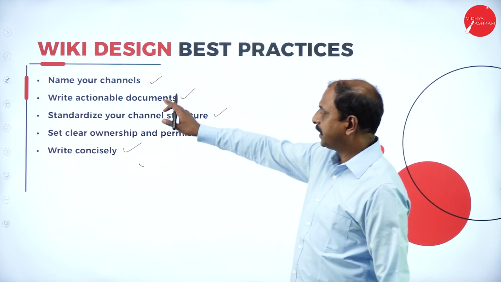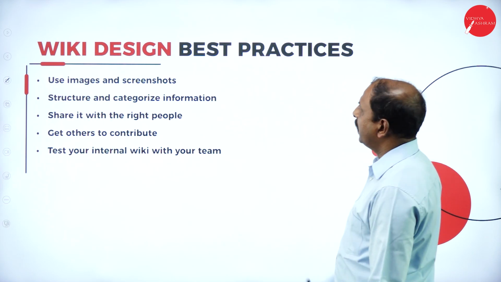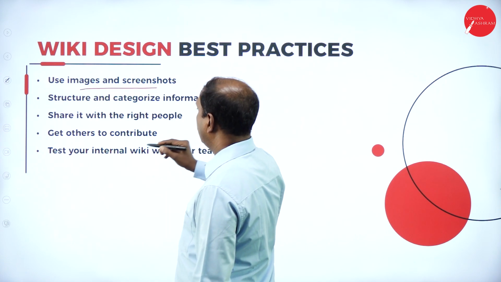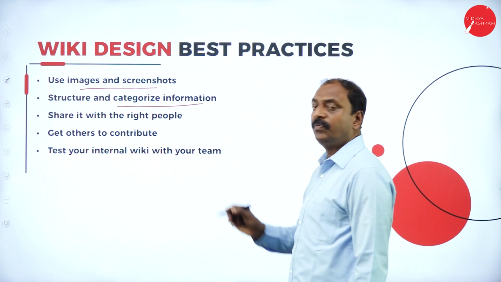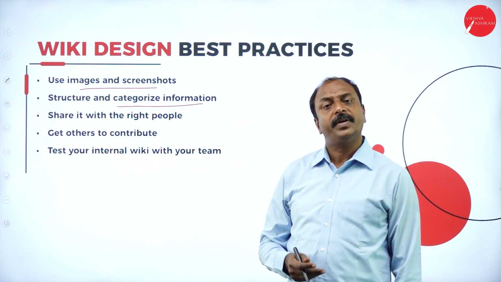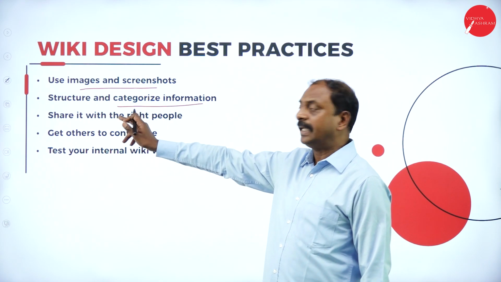These are all the points to be considered while designing a wiki site. Also use images and screenshots, and structure and categorize information. We should have information in a hierarchical order or different format so that users can find the information easily.